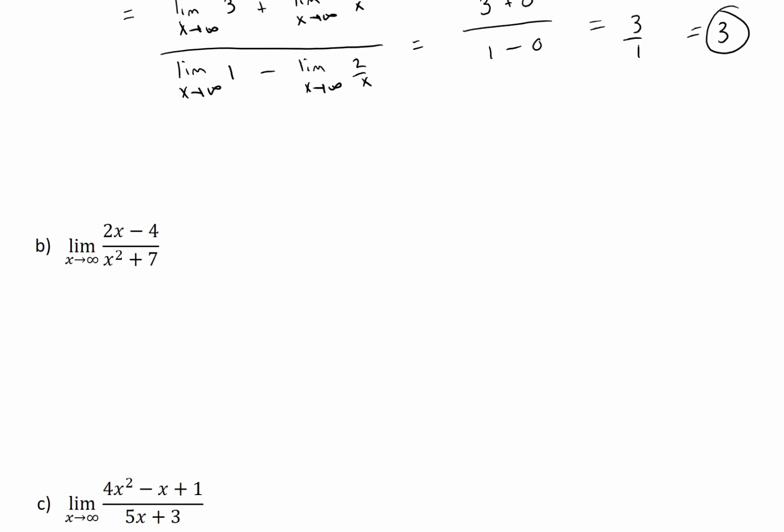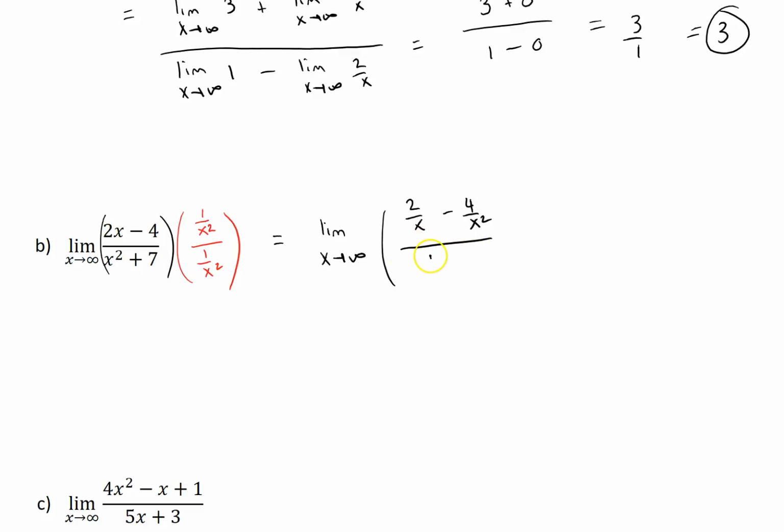So let's look at another one. In this case, I'm going to multiply by 1 over the denominator's degree. So I'm going to multiply the top by 1 over x squared and the bottom by 1 over x squared. So I get the limit as x approaches infinity of 2 over x minus 4 over x squared divided by 1 plus 7 over x squared.